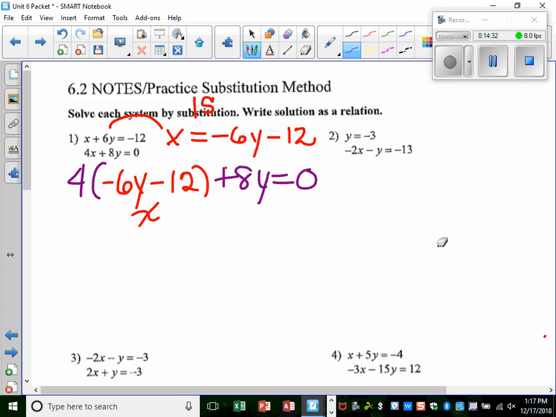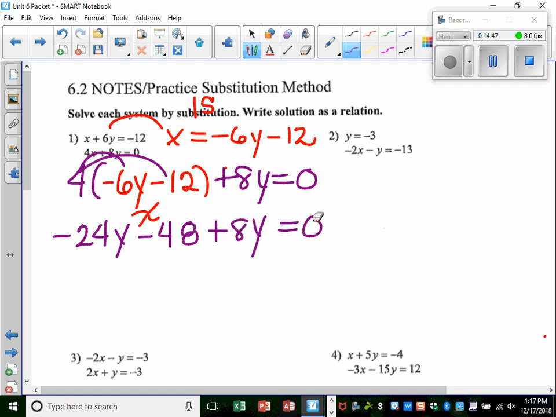Okay. What's the third step on your paper? Solve the equation. I got it all set up. Now I just distribute and solve for y. So this is going to be negative 24y minus 48 plus the 8y equals 0. Continue solving for y. Combine your y's together. How many y's do I have? Negative 16.